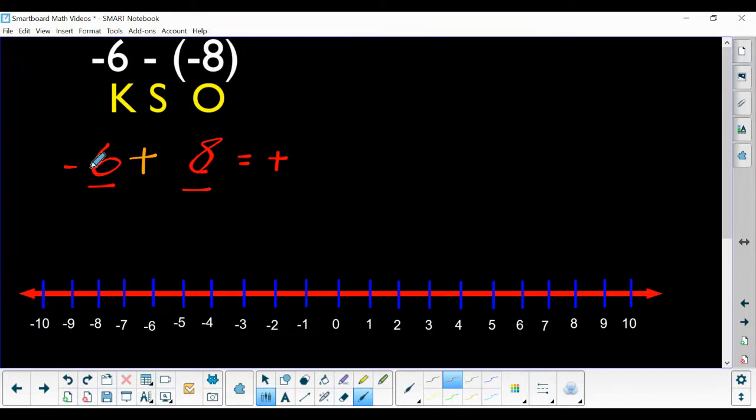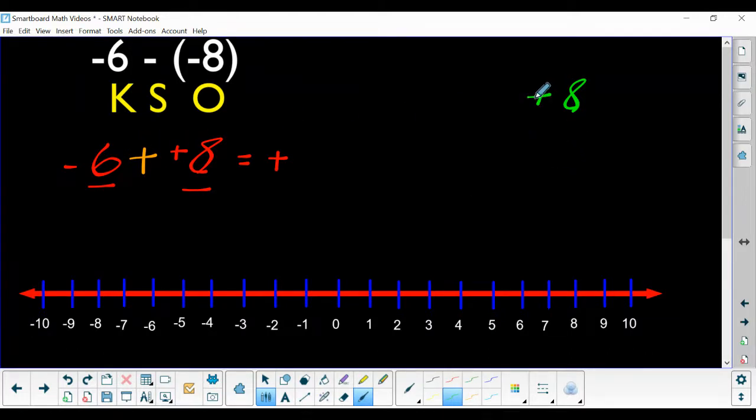Then you look at the signs. See either the same or different. If the signs are the same, you add these two numbers up. If the signs are different, then you're going to subtract. Well, right here we have a positive 8, and this is a negative 6. The signs are different. When they're different, we subtract the amounts. It's like they got in a fight.